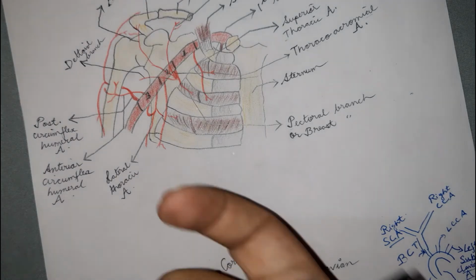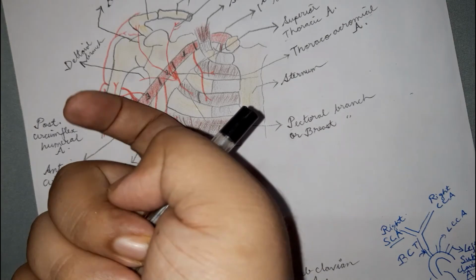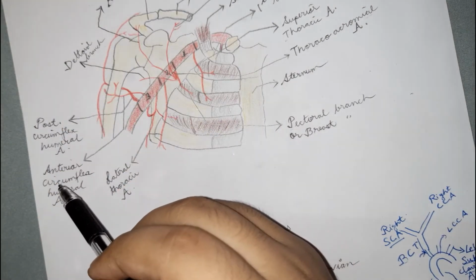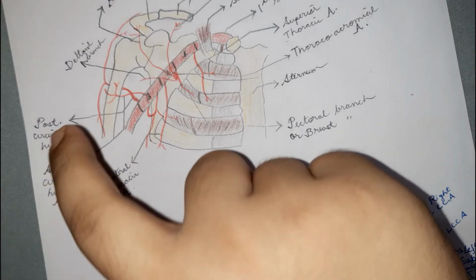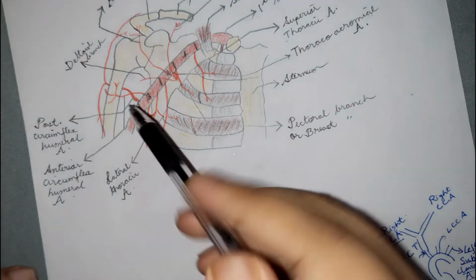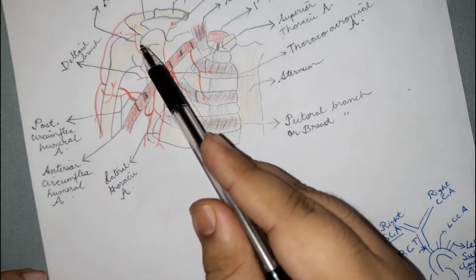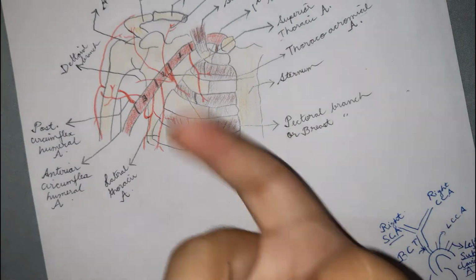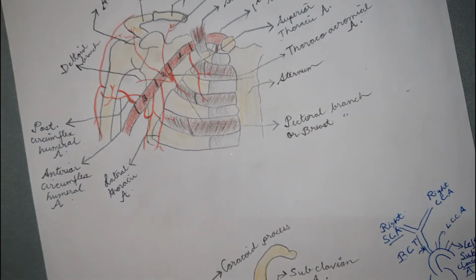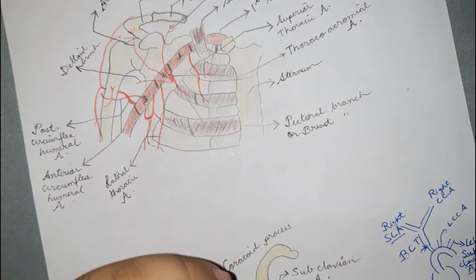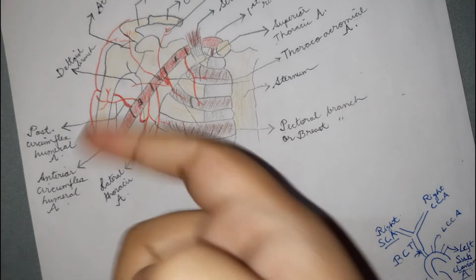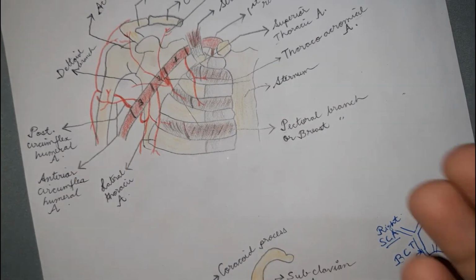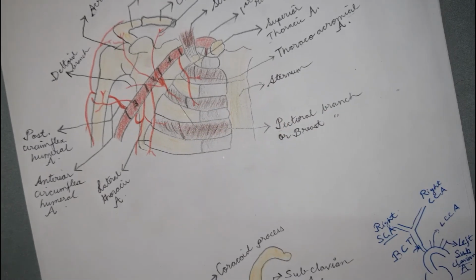humerus posteriorly, and as I just mentioned, it will anastomose with the anterior circumflex humeral artery, forming an anastomotic circle around the surgical neck of the humerus, which we also talked about in the humerus anatomy. We said that the surgical neck of the humerus is pretty important because of the presence of this anastomotic circle, along with the axillary nerve, which also winds around it.